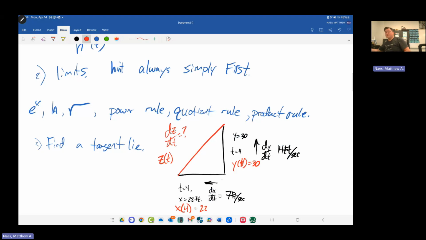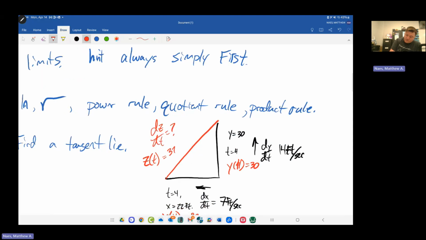I just closed my calculator, so I'm just going to do it here. Square root of 22 squared plus 30 squared gives me 37.2022. I don't want to round that much. Okay, so that's my z of 4 seconds.